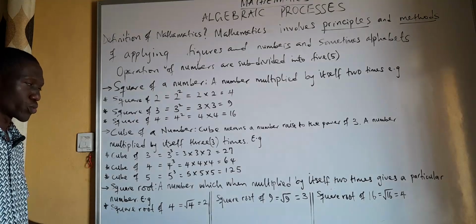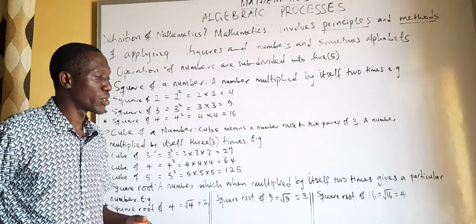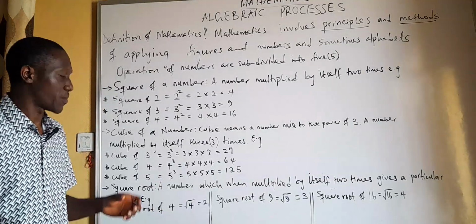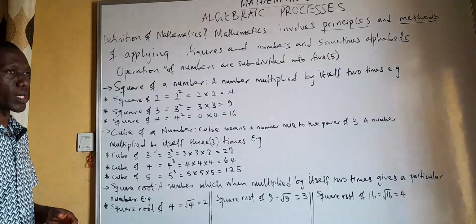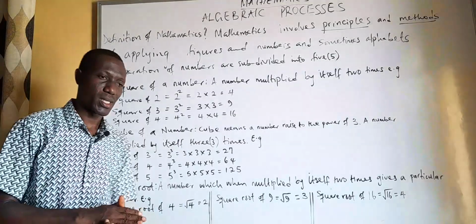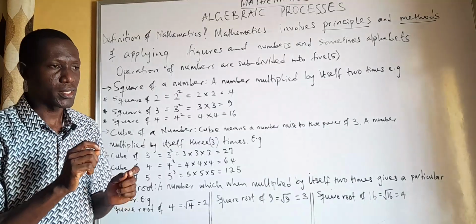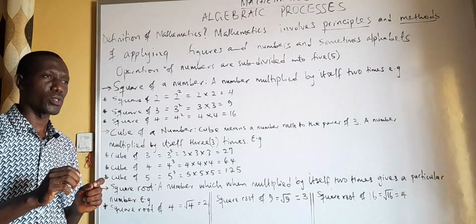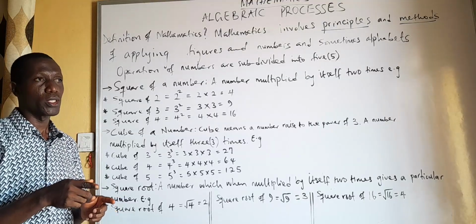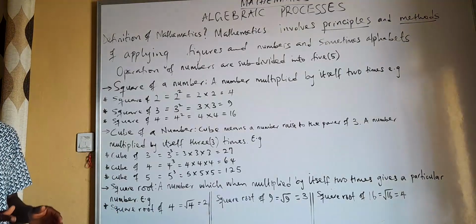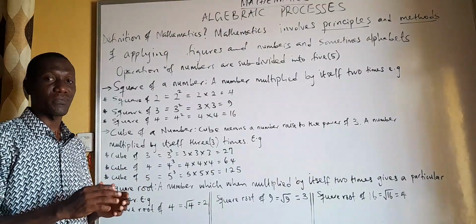The third one is square root. Root is a number which, when multiplied by itself 2 times, gives a particular number. When we say root, actually we should know in mathematics that 2 and square is a perfect root, because we don't have 2 at the back of the root sign.